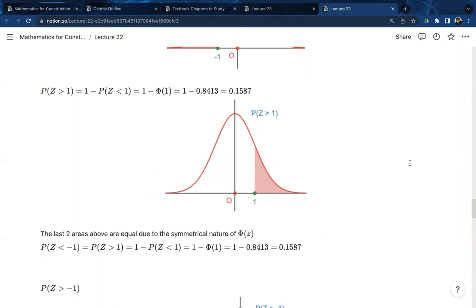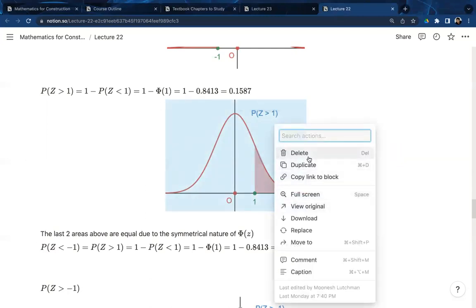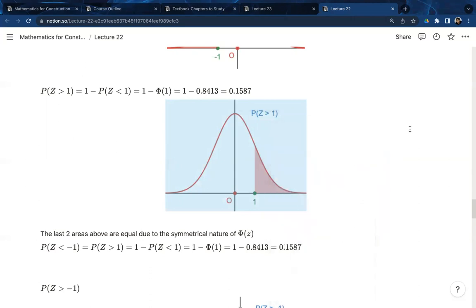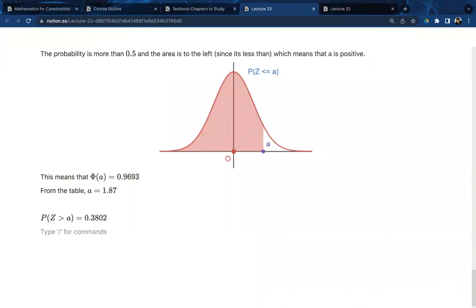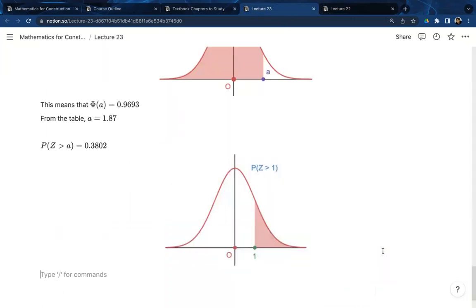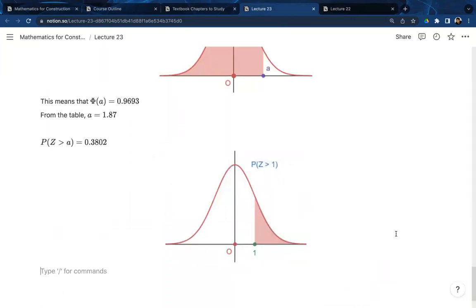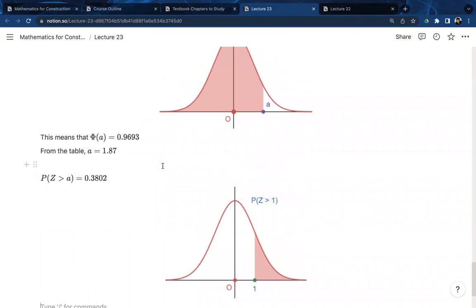right? So I'll just use this diagram for now. I mean, it's not one. We know it's not one, it's A, right? But we're just using this diagram for now.